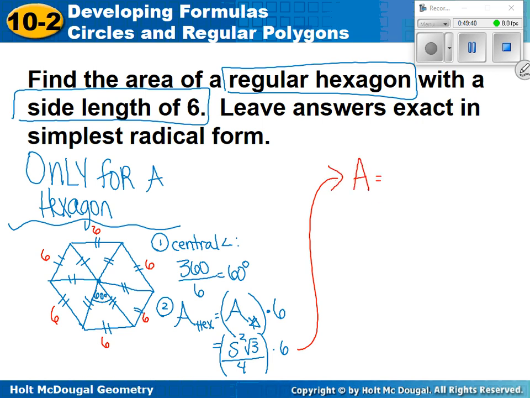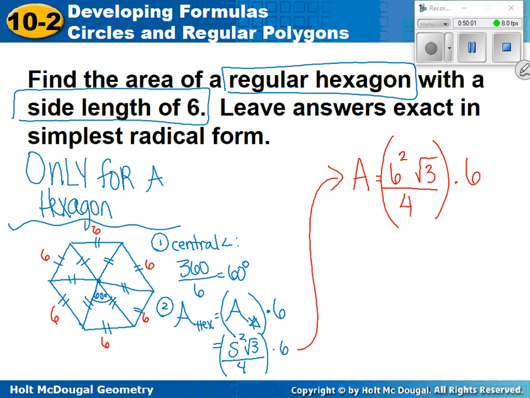S stands for what? Side. And what's the side length? 6. So we're going to put 6 and square it. Multiply it by the square root of 3. Divide it by 4 because that's our formula. And then that's one triangle, and we have how many? 6 of them. So we're going to multiply that by 6.